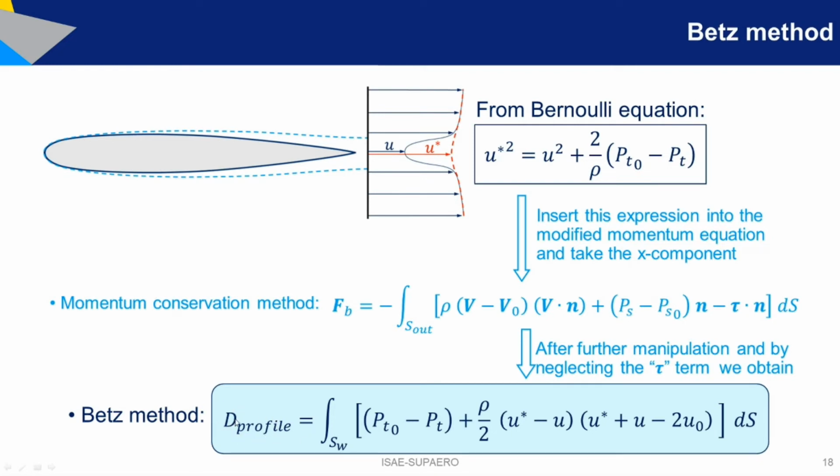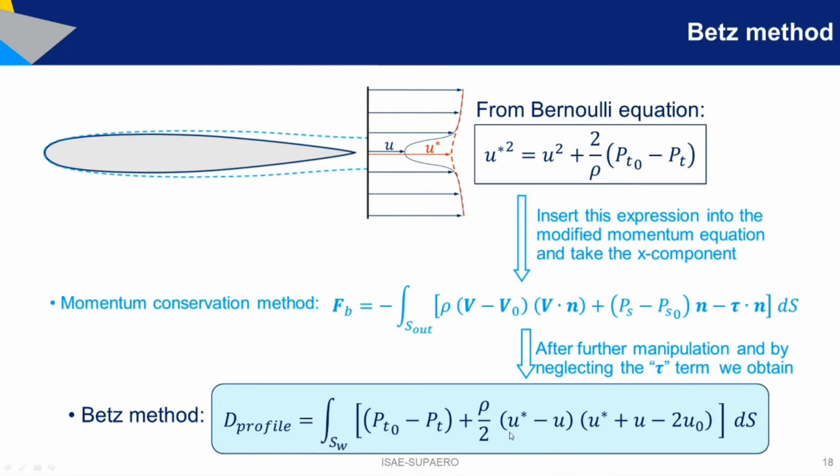But basically drag is given by this expression that, as you can see, contains the total pressure deficit that comes from this term here, and also you have a difference between the isentropic velocity and the real velocity. The isentropic velocity comes from here.